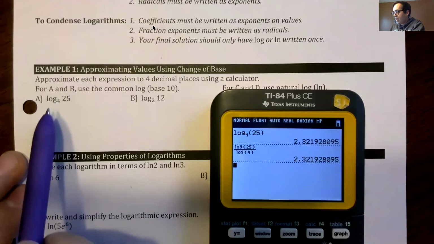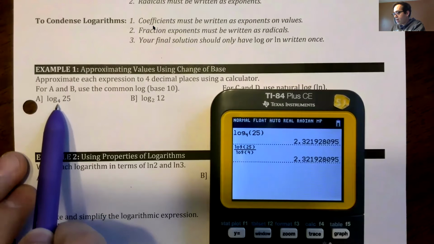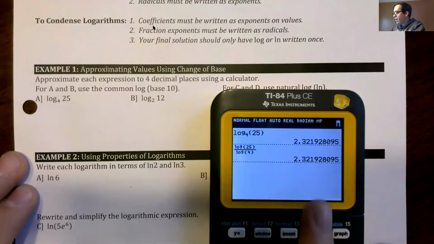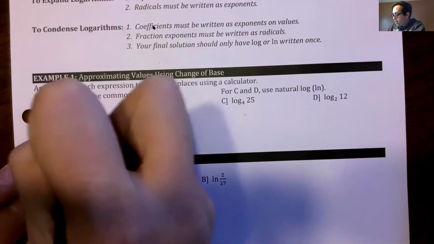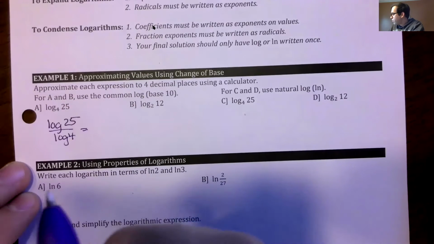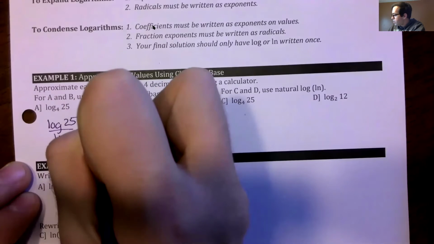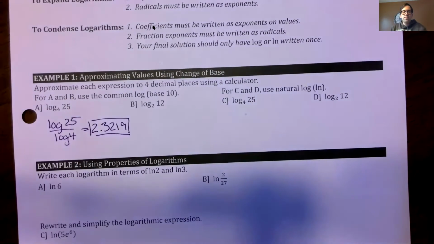So I usually remember it as the number that visibly appears at the bottom here is the one that goes in the denominator when we type it in. But we have log of 25 over log of 4. That equals approximately 2.3219. All right, very good.